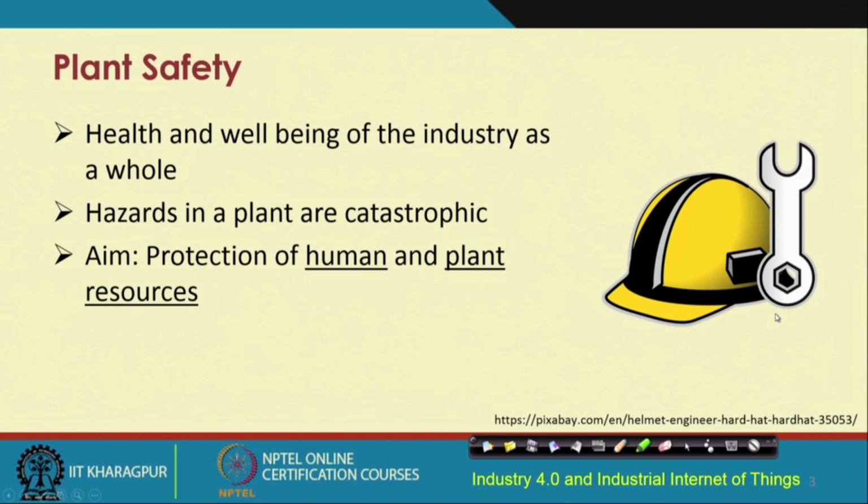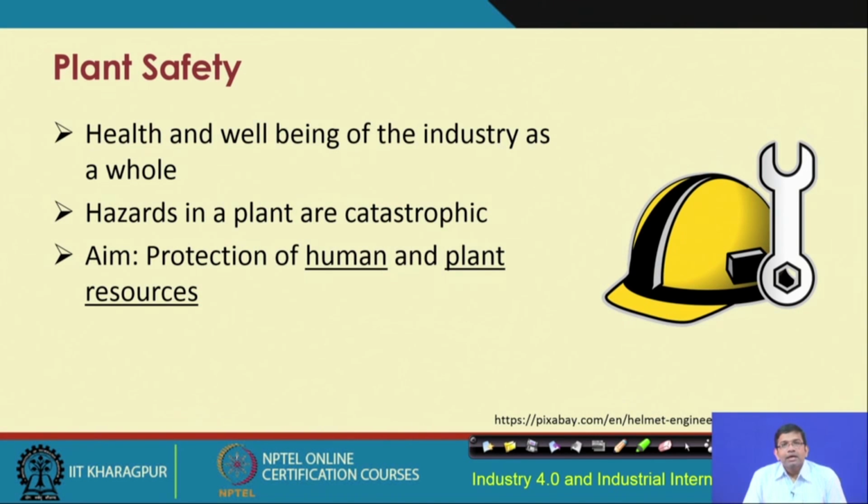When we are talking about plant safety specifically, as I said before, there are two entities, humans and plant resources. Their safety, their well-being is very important. It is also very important to ensure that the different machinery do not malfunction and cause hazards to the workers that are working around those machinery or along with those machinery.